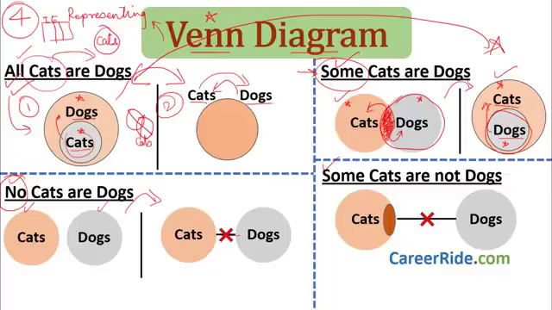So this diagram can be read in two ways. The first way is all dogs are cats, very easy. And the second way is some cats: out of the entire cat community, some cats are dogs. So remember this difference. It is very easy.